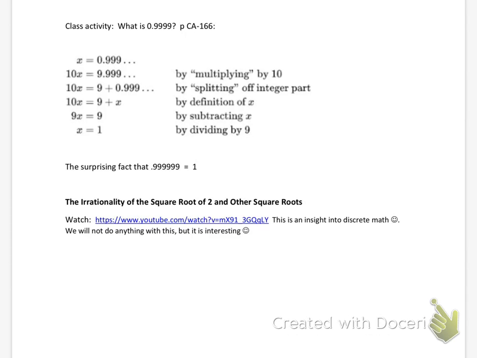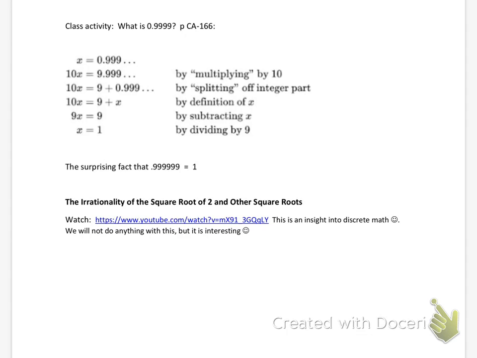Okay, here is another example on how you can convert a repeating decimal into a fraction. And this is mimicked in class activity 166. So this is an interesting page because it aligns with class activity CA 166.